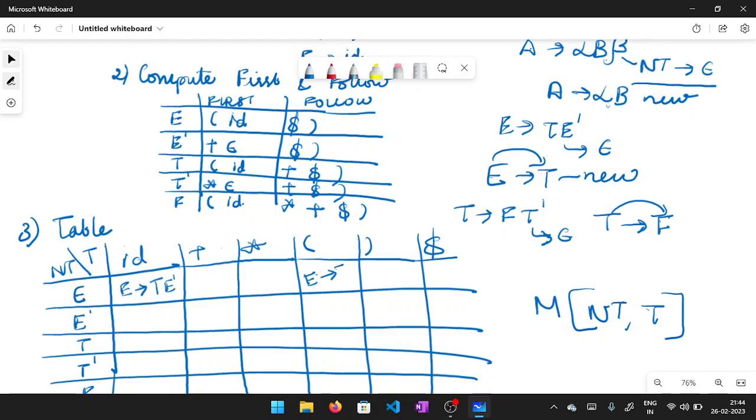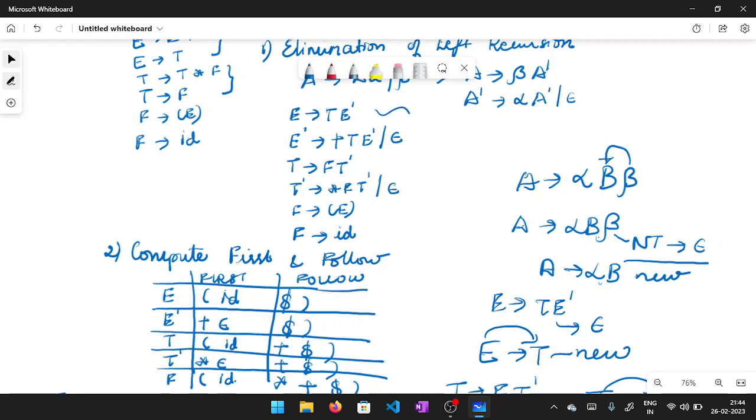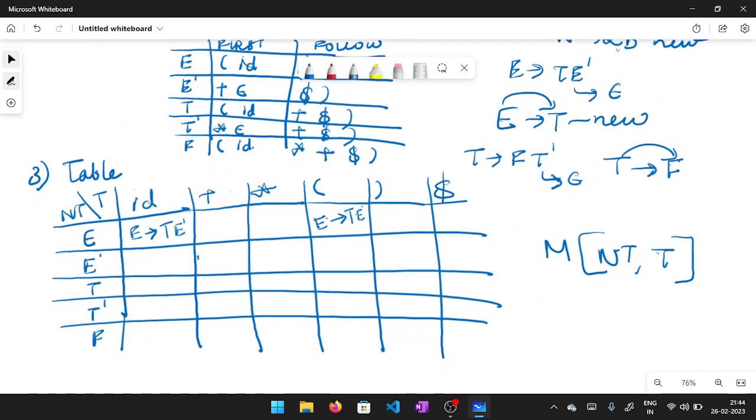Now next, E dash: you have plus and epsilon as first symbols. Why did you get plus? Because of E dash tends to plus T E dash. So E dash tends to plus T E dash. Why did you get epsilon there? Because of E dash tends to epsilon.